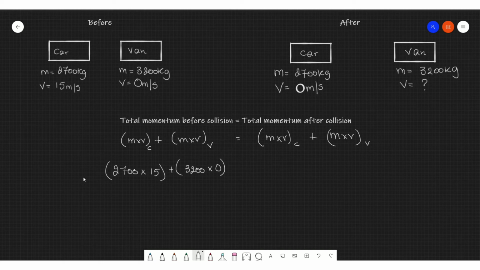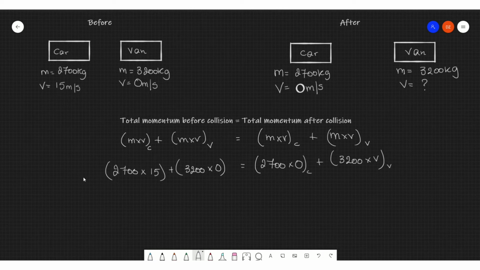These two brackets, remember, belong to the before collision. After collision, we know that the mass remains the same, so 2,700, but the velocity of the car after collision goes down to 0. The mass of the van remains the same, but the velocity we need to find.